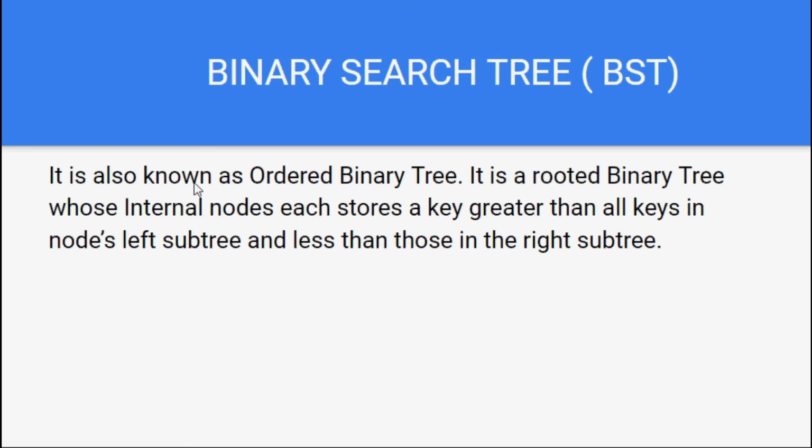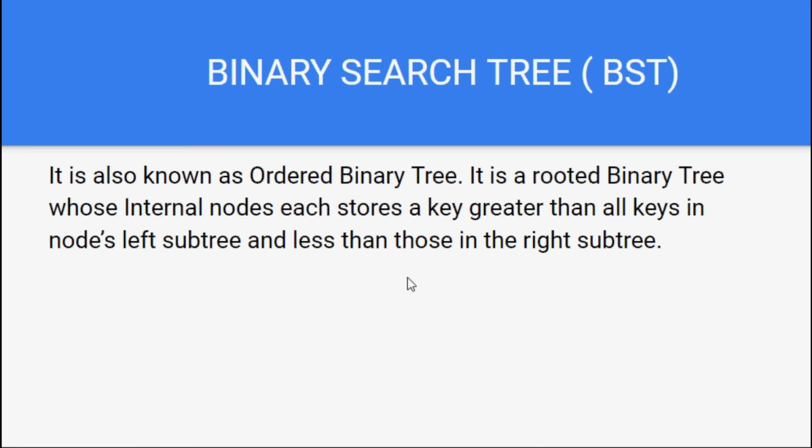What is that? It is a rooted binary tree. Now, what is a binary tree? That can have at the most two children, which means it can have zero children, it can have one child, or it can have two children. It cannot have more than two. Now its internal nodes each store a key greater than all the keys in the node's left subtree and less than those in the right subtree.